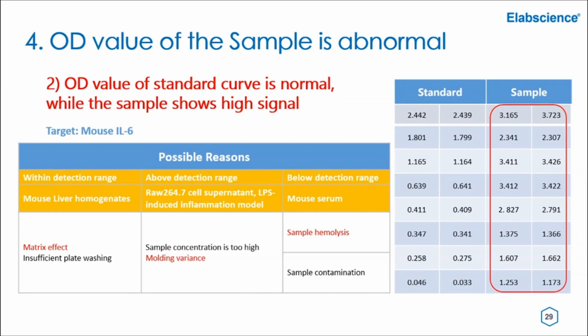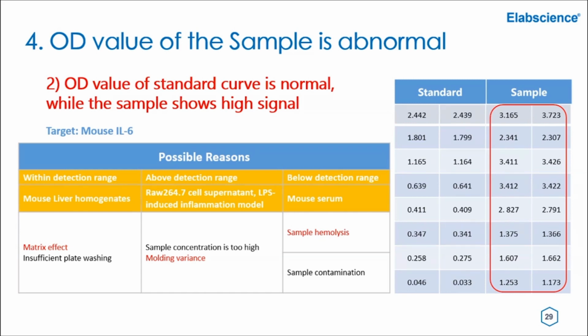Case 1, if the sample is mouse liver and the detection concentration falls within the detection range, it may be a false positive. Since the liver tissue has high content of endogenous HRP, if the plate washing is insufficient, the residual endogenous HRP will lead to a high OD value.